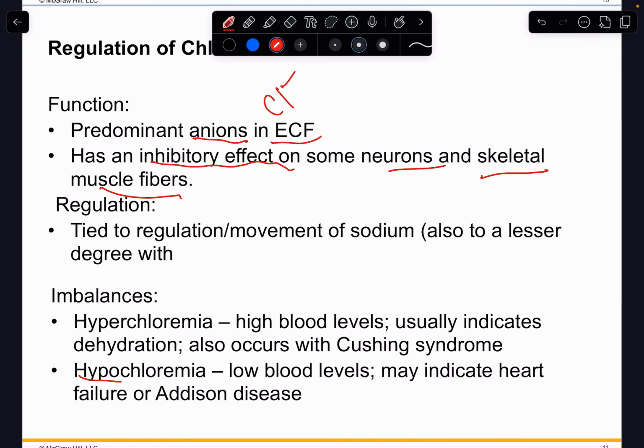Hyper and hypo. Hypo means lacking, low. Hyper is more. Hyperchloremia is a high blood level of chloride. Hypochloremia is a low blood level of chloride. Both of them can cause issues. You cannot have too much or too little.